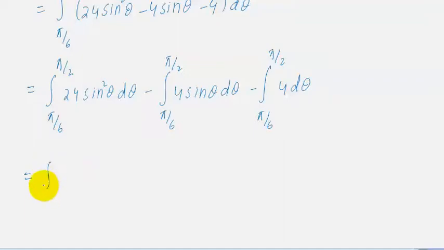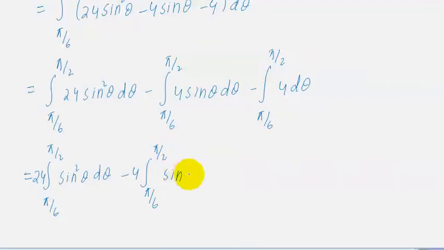Now this becomes: 24 is constant, so we take it outside the definite integral, 24 times the integral of sin square theta d theta, minus 4 times the integral from pi by 6 to pi by 2 of sin theta d theta, minus 4 times the definite integral from pi by 6 to pi by 2 of d theta.